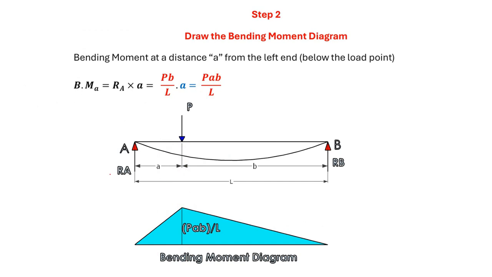So here comes the bending moment diagram. Bending moment at point A can be found either from the left side or you can find it from the right hand side. Let me prefer it from the left hand side.